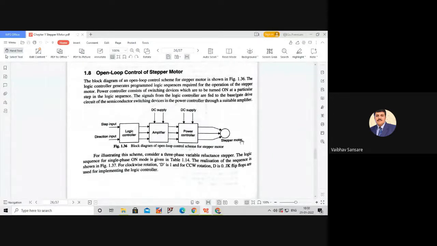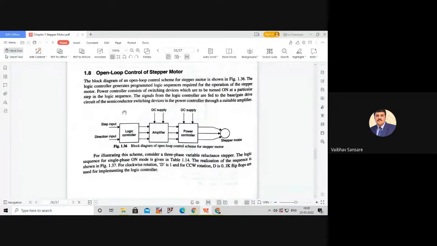That means whatever the rotor position is, that rotor position is not sensed at the output side, and that sensed feedback is not provided to the input logic controller in case of open loop control of a stepper motor. Now, if you look at this block diagram, three important elements are present in this open loop control scheme.